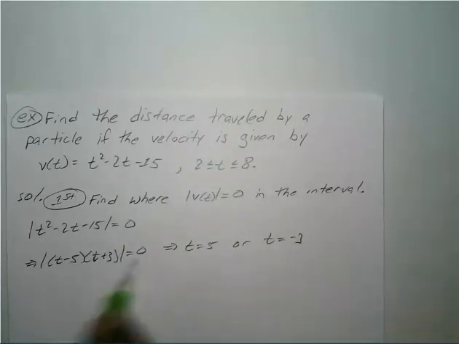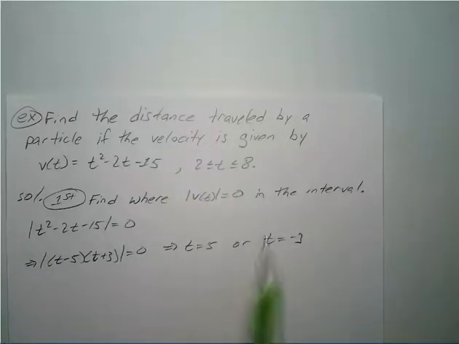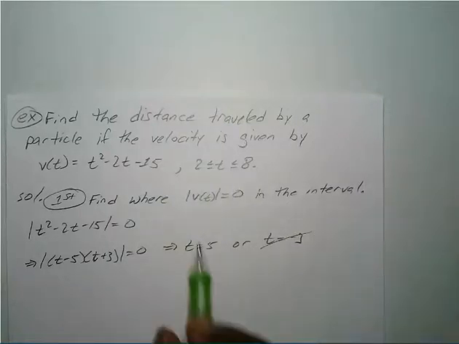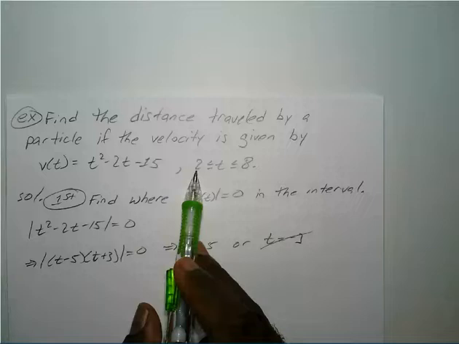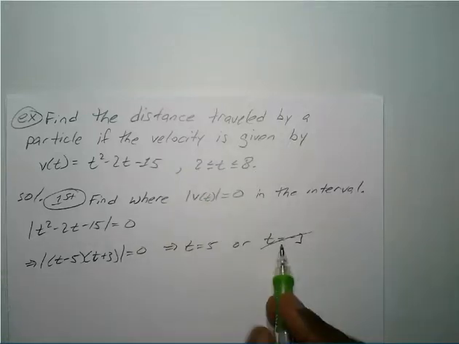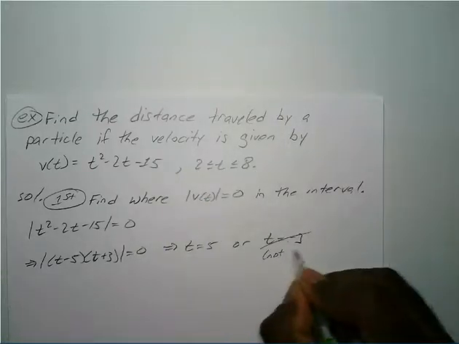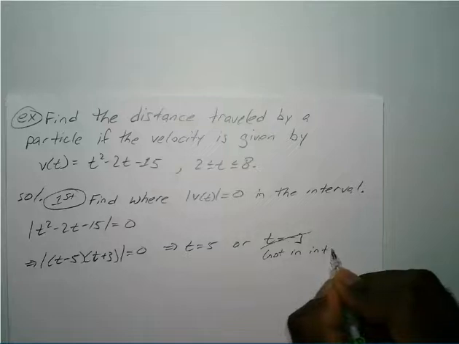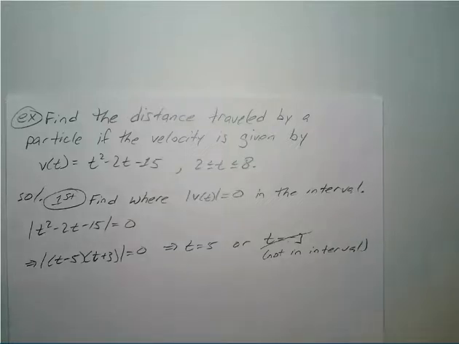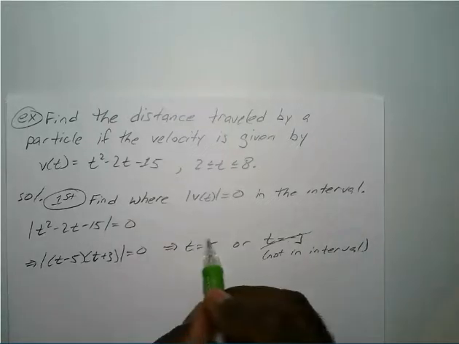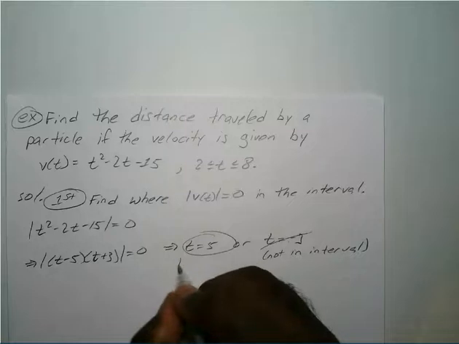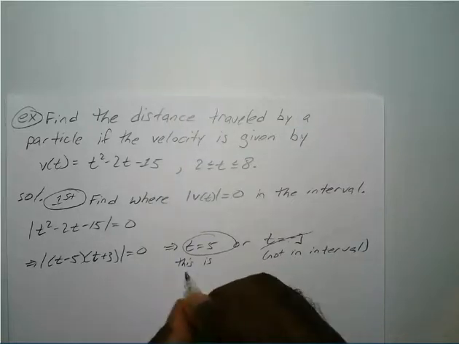Both of those would make that equal to 0. Now, notice you're going from 2 to 8. Negative 3 is not between the values 2 and 8, so we can't use that because it's not in the interval. So 5 is your c value.